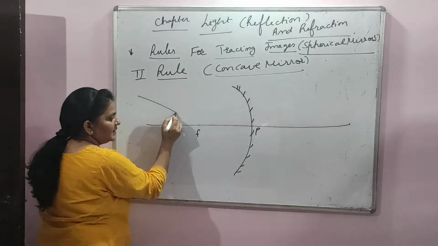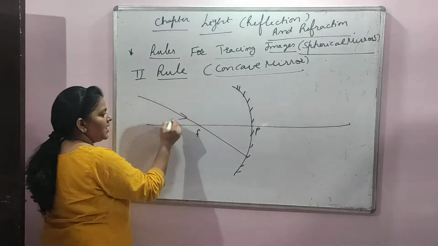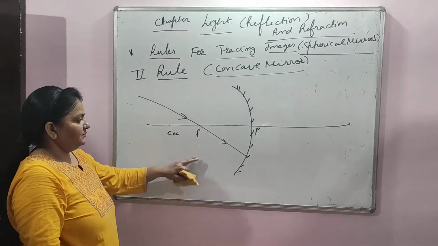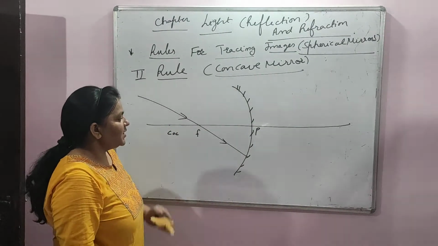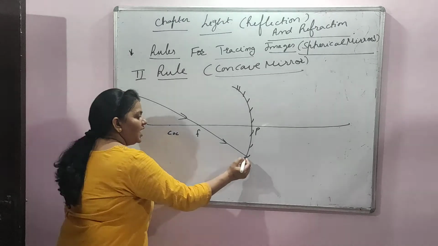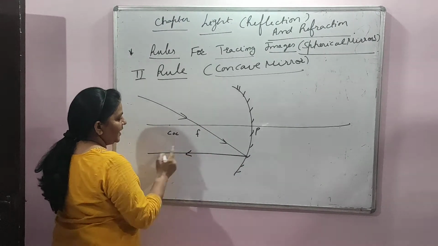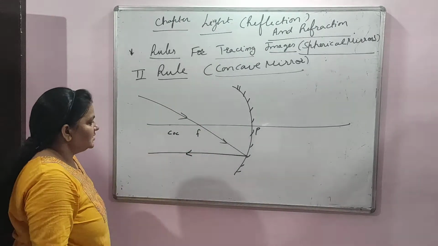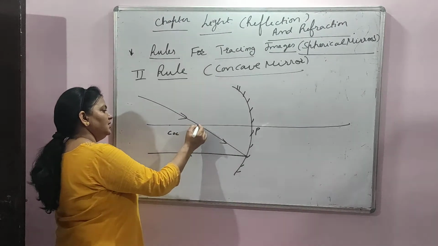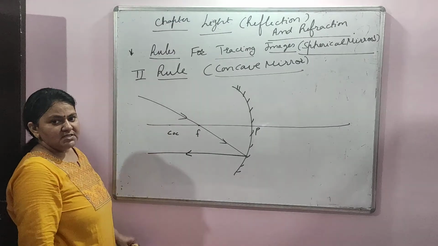An incident ray which passes through the principal focus, after reflection will become parallel to the principal axis.